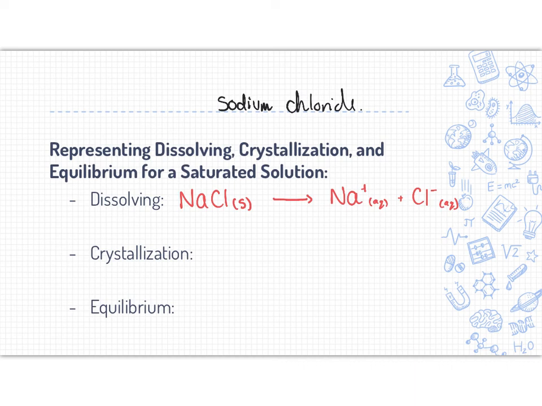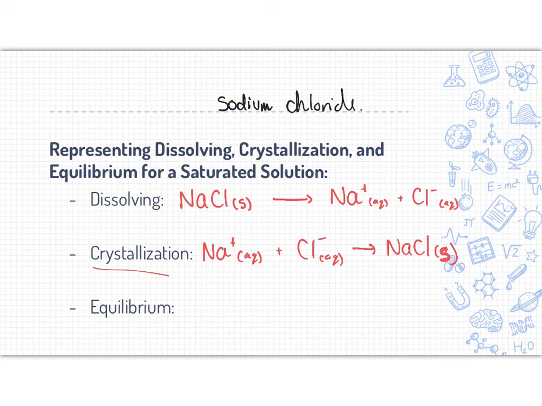Crystallizing or precipitating, whatever you'd like to think about this as. Probably crystallizing is the better word because we're not adding a new compound to make it precipitate, if you will. What we're looking at for crystallizing would be the Na+ ion in solution coming together with the Cl- ion in solution to make NaCl as a solid.